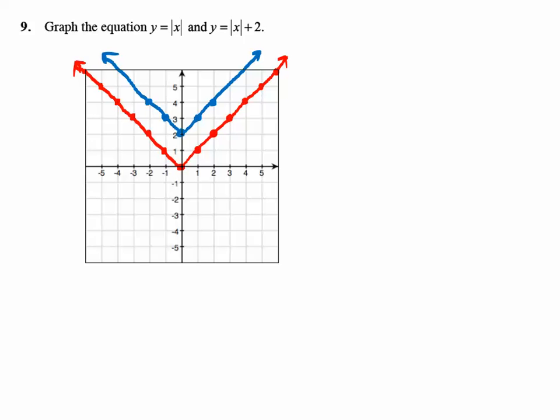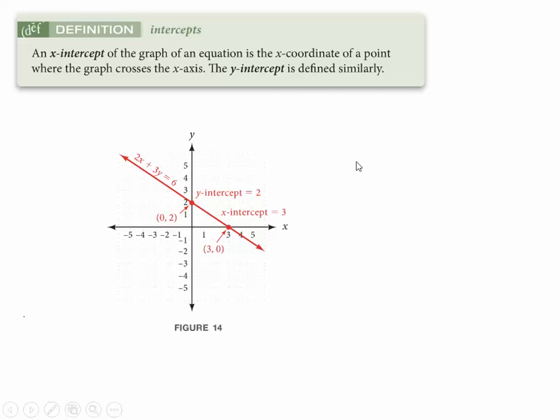Cool. All right, now let's finally get to what we want to get to here. This is one of the ways we graph. This is called the intercept method. And these straight lines, usually, not always, but usually, will cross at 2 points.